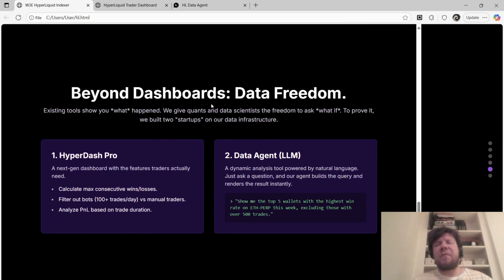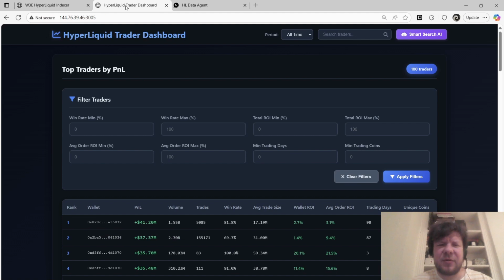Having that, we decided to build some tools using our own database. The first tool we call HyperDash Pro. It is pretty similar to HyperDash, but it has many more features we extracted from the data, and it gives you much more flexibility.